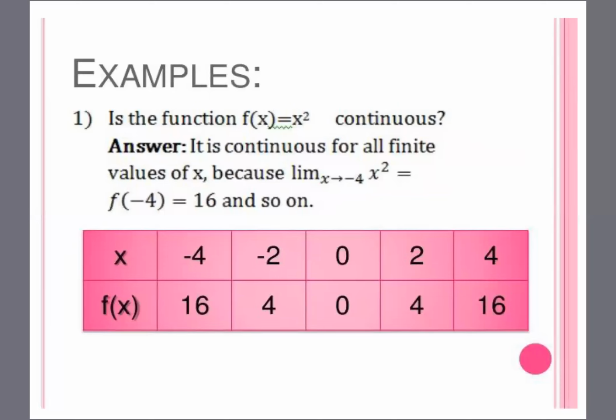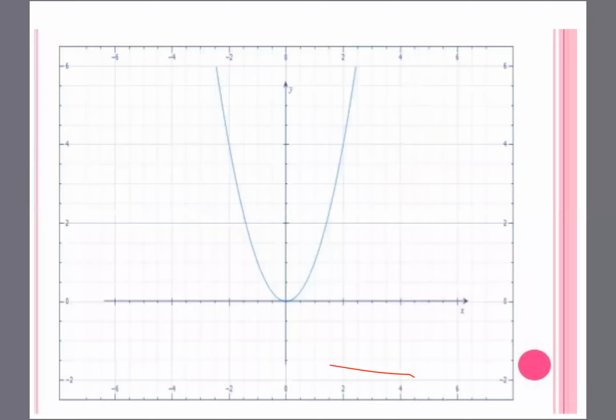And as an example, if the function f(x) equals x squared, whether this function is continuous or not, we can say it is continuous for all finite values of x, because when x moves to any value, the x squared function has some value. Further, when we draw this same function, you can see the shape is this way.